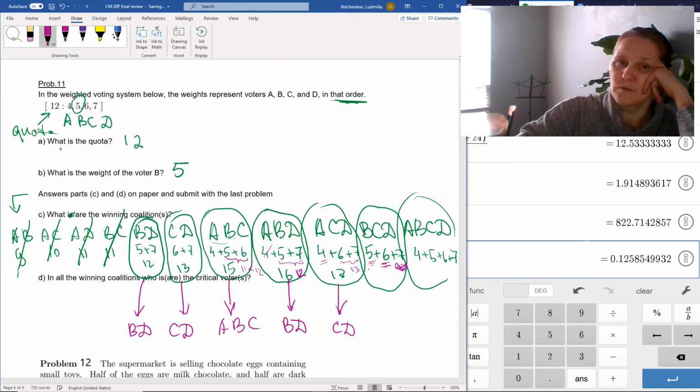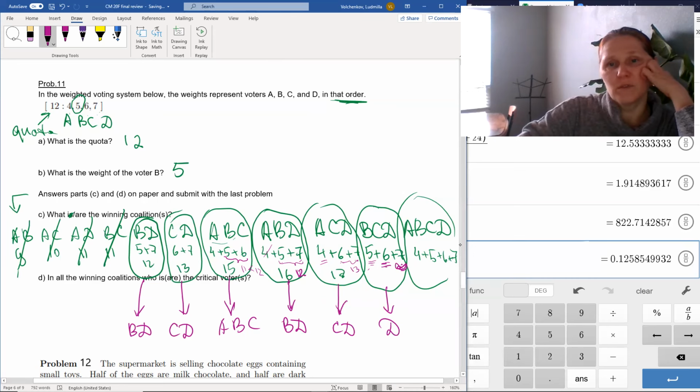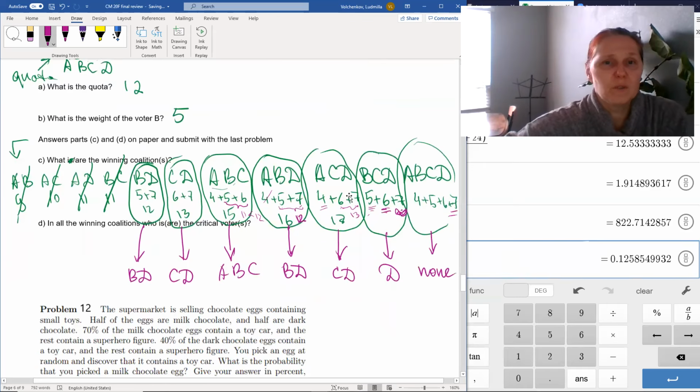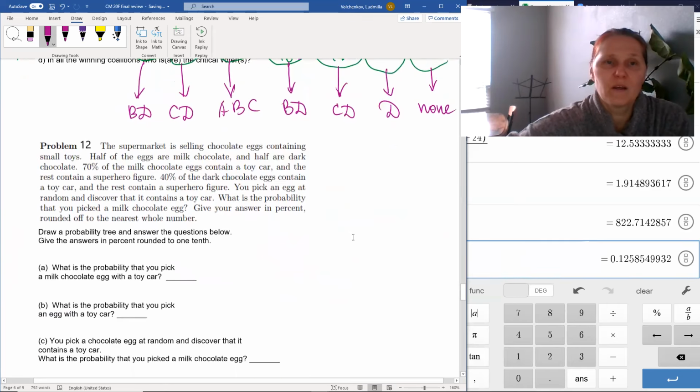So 7 or D is the only critical voter in this coalition. And the coalition A, B, C, D, even if you remove the heaviest voter, 7, the total is still greater than 12, so none of the voters is critical in the last coalition. Okay, this is the list of critical voters, and we move on to the next problem.